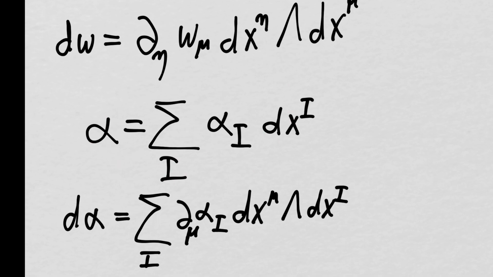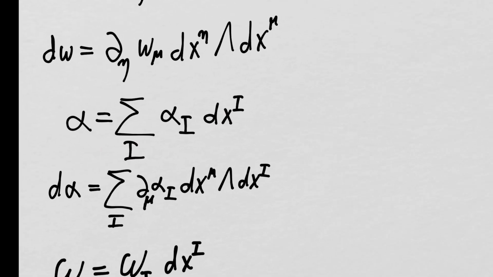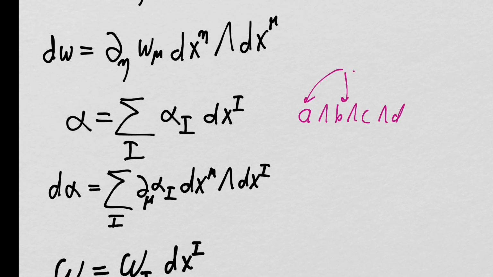But let's assume this is a K form, right? So a K form is by definition a wedge product of one forms. So you would have A wedge B wedge C wedge D, where each of these are one forms, right?